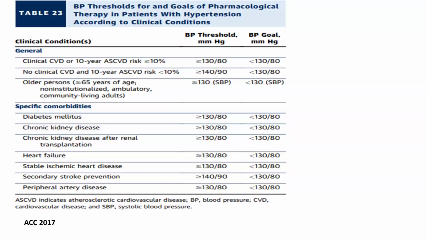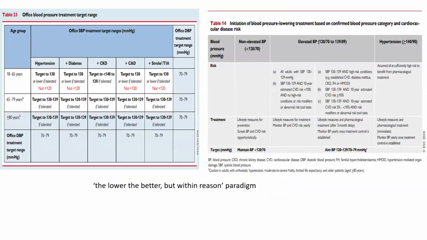The ACC 2017 guideline recommends a target goal of less than 130/80 for every patient with hypertension on treatment, regardless of age or comorbidities. But for the ESC guidelines, in their previous 2018 guideline, the target was a systolic blood pressure of 130 for most patients.